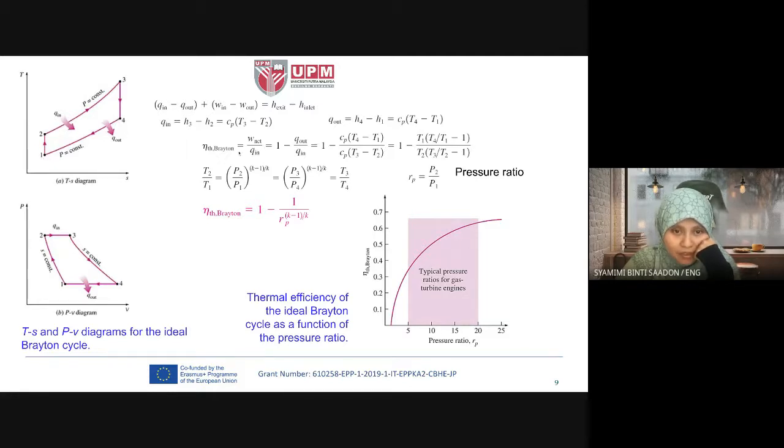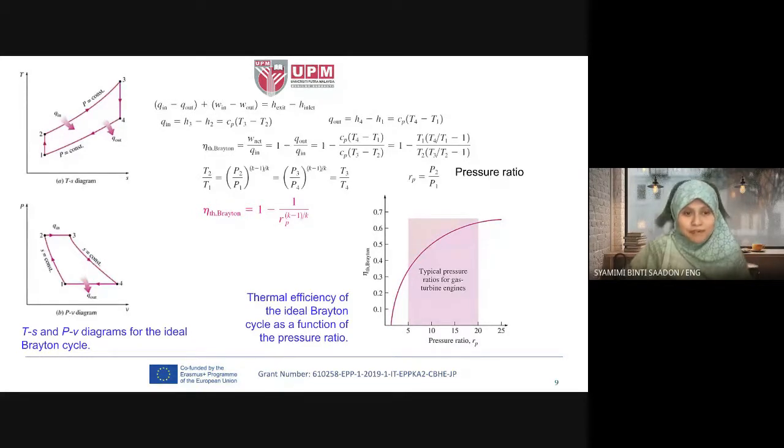So the thermal efficiency for Brayton, the desired output is W net, the thrust power, over the Q in, the fuel. The combustion process occurs in the combustion chamber. So usually we want to minimize the consumption of fuel, right?